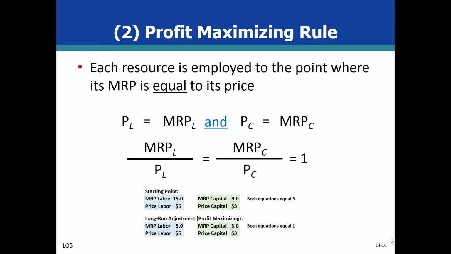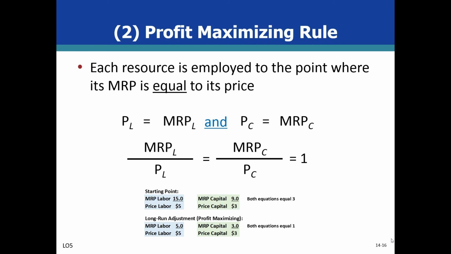Here we see 2. The price of labor equals the MRP of labor, and the same for capital. By dividing each MRP by its price, we get the competitive equation where both equal 1. So it's a little bit different equation.